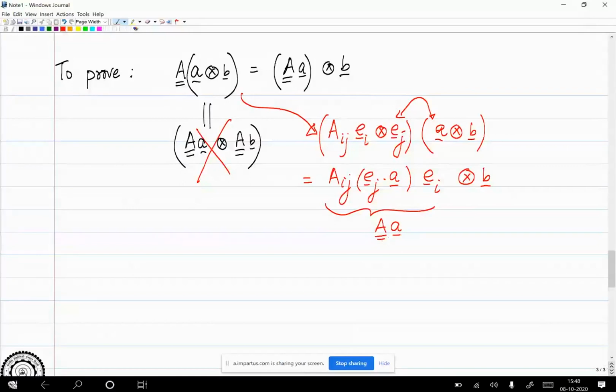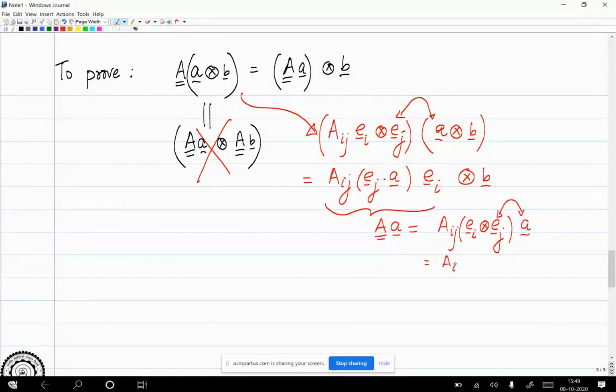Maybe you can also, because you know the answer, A·A, what is this equal to? This is again Aij Ei tensor product Ej, correct, into A. But what is this? We learned how such tensors multiply, isn't it?